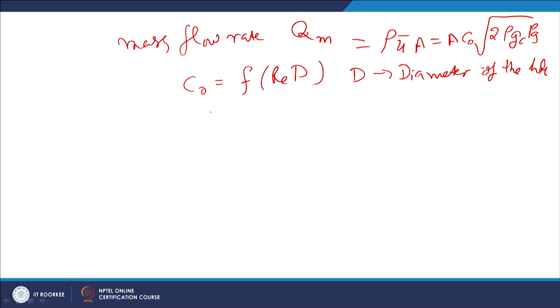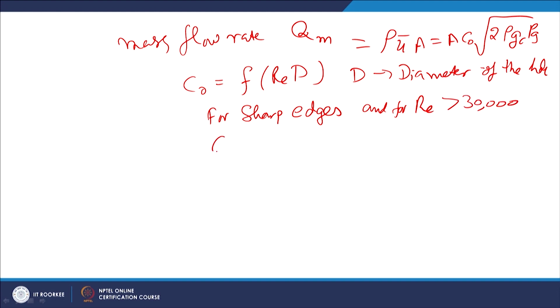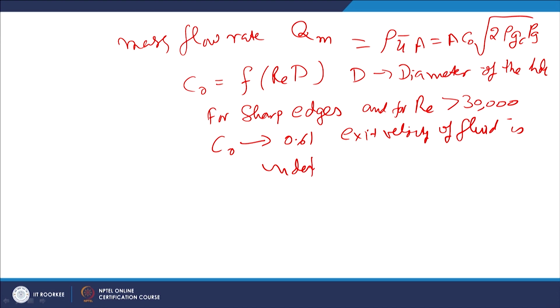Now for sharp edges, and usually this happens for sharp edges, and Reynolds number greater than 30,000, C naught tends to 0.61. The exit velocity of the fluid is independent of the size of the hole.